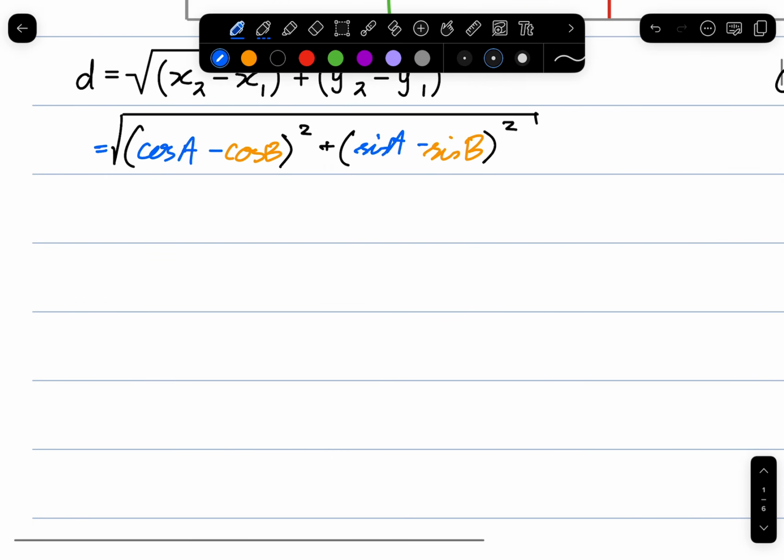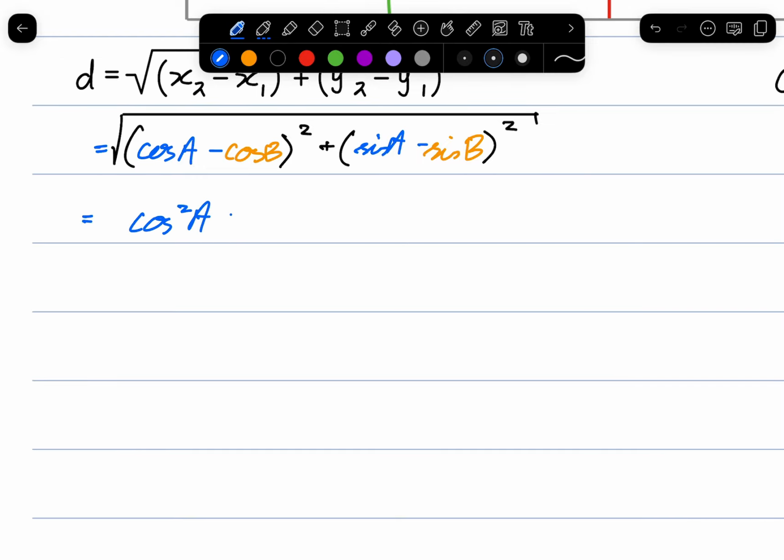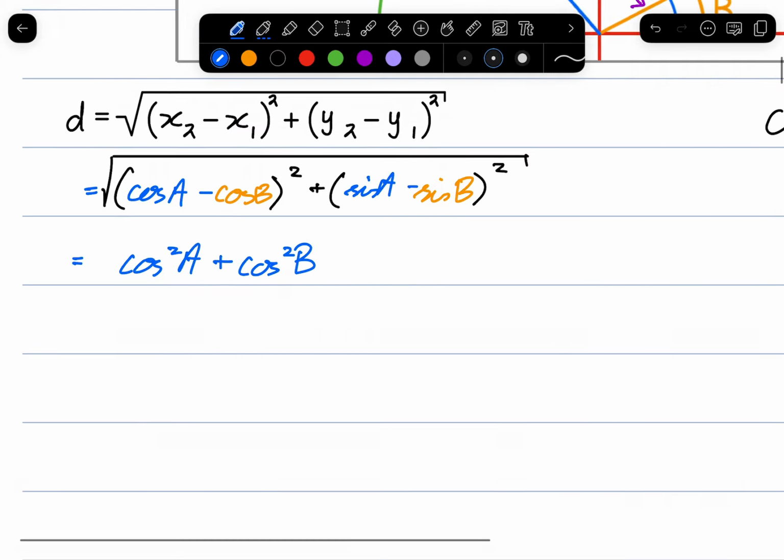Expanding each of these groups, we square the first, we square the last, and we double the product of this. So it's going to be minus 2 cos A cos B.